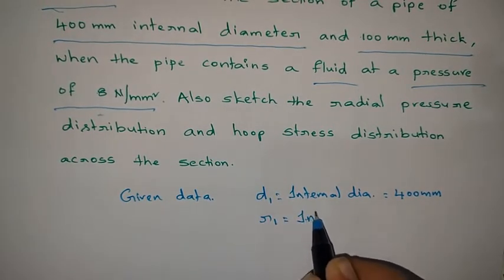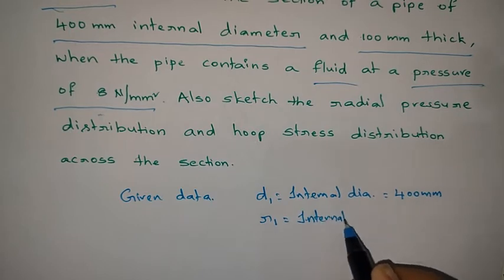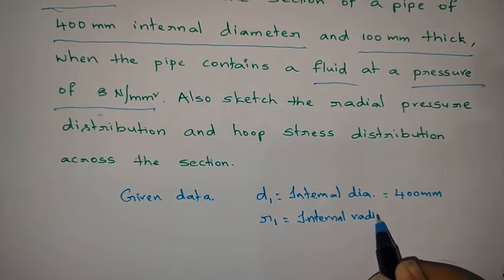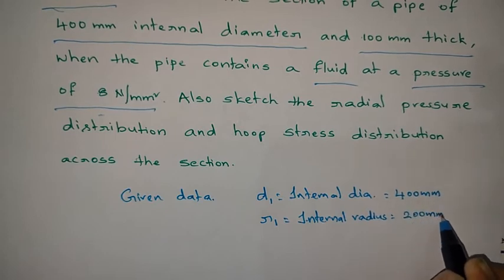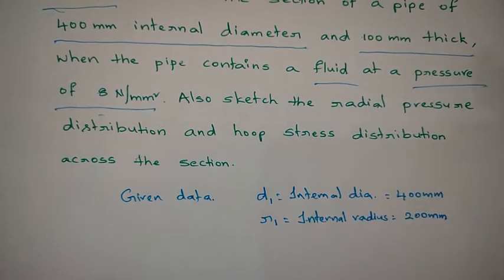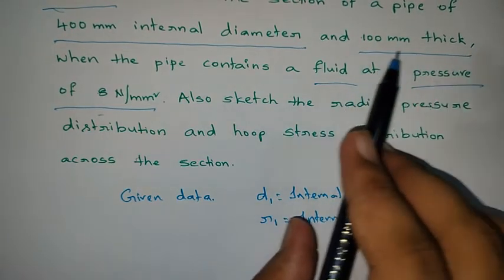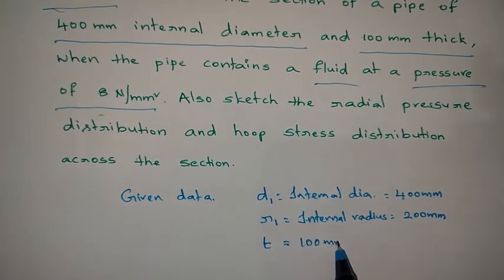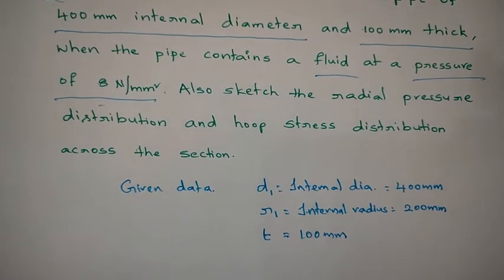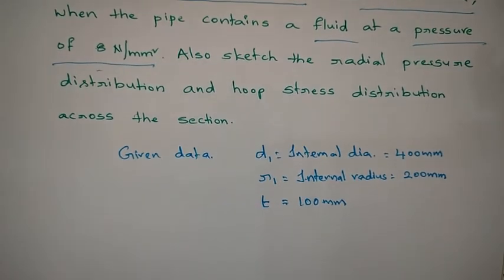R1 is internal radius, so that equals to 200 mm. Then thickness, so the thickness is given 100 mm, so thickness is represented by small t, so that equals to 100 mm. So then what about the external diameter?